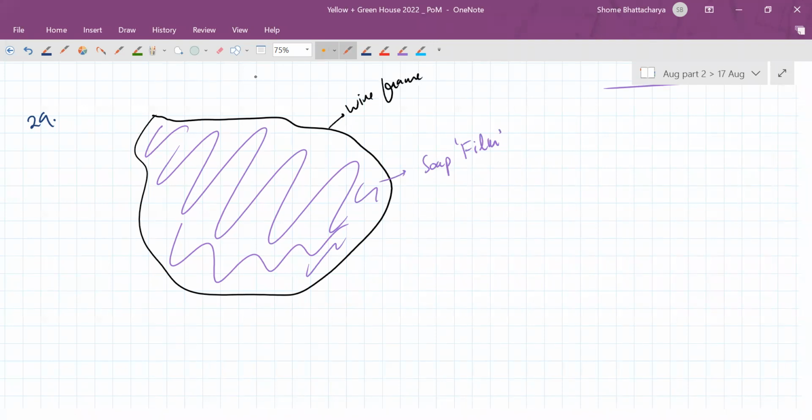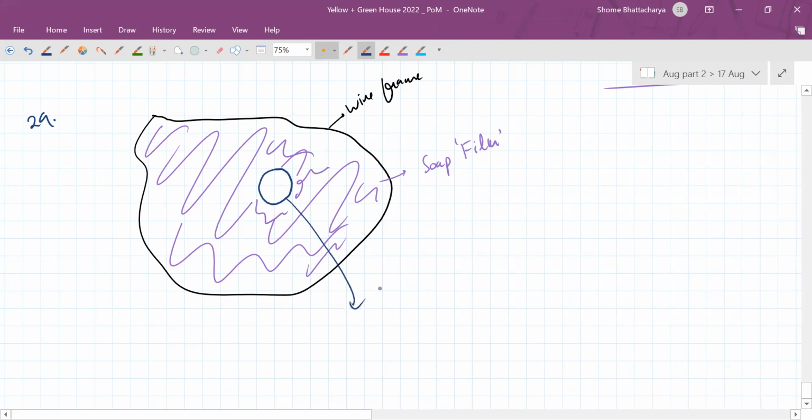Now next what you do is you place a piece of thread, a thread loop, and then you plug the thread loop in its center so that there's an air gap.